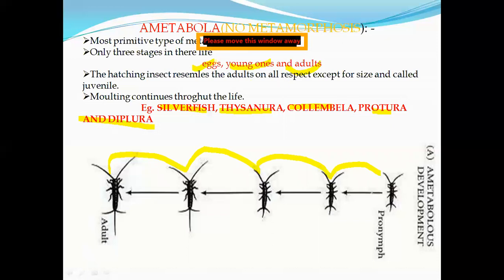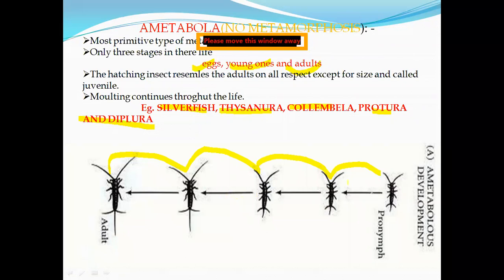When this insect hatches from the eggs, the insect comes out, and its external appearance, or its morphological character, is the same as in the adult stage, except for size. When it is in this very small size form, that is called the juvenile, the young one. So only from the size point of view there are changes.